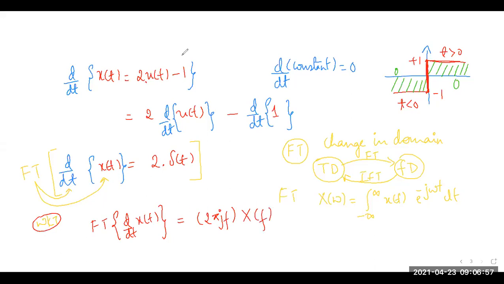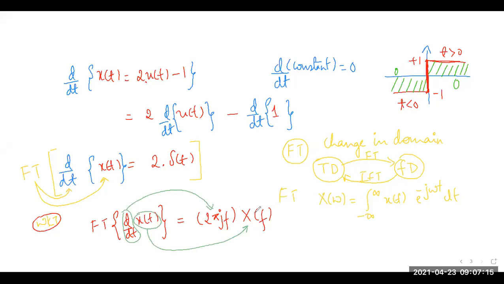So now here, because of this d by dt, we are getting this after applying Fourier transform. And this time function x of t is getting converted to frequency domain.